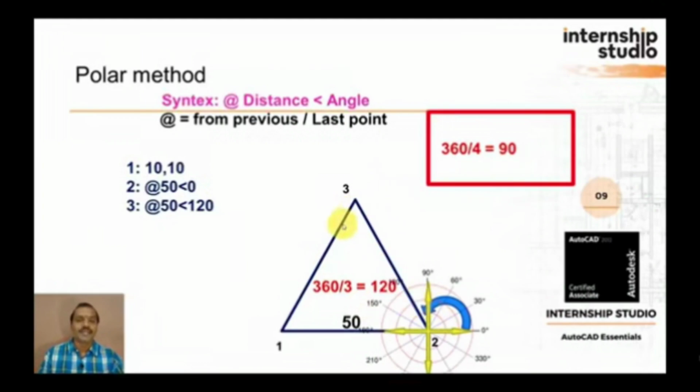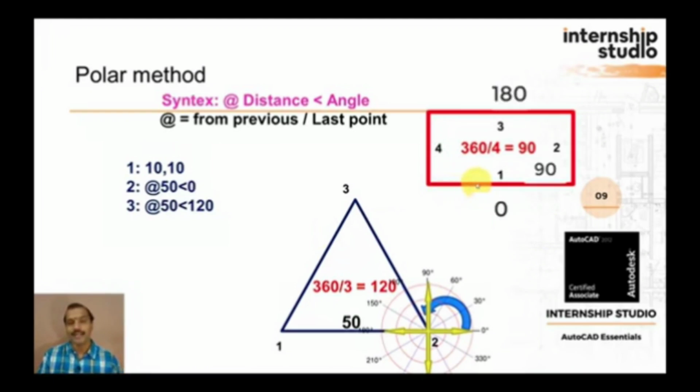What is the angle of this line? So 120 plus 120, how much will come? 240 degree.